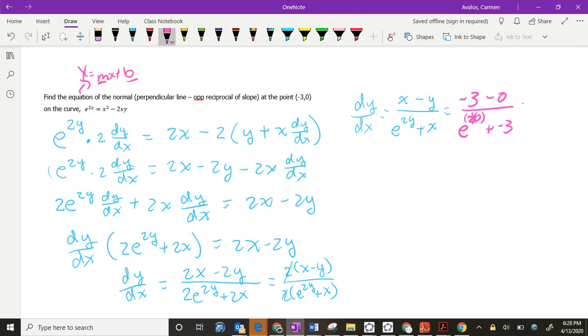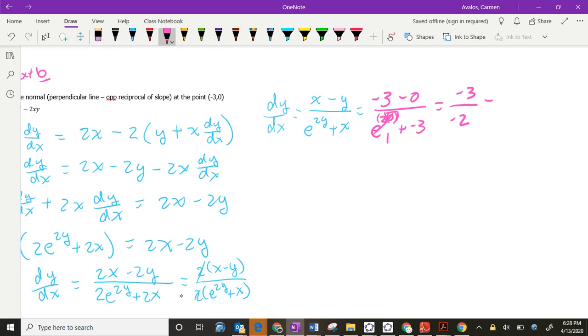So what we end up with here is going to be -3 in the numerator. e to the 0 is going to be 1. So this one here is just going to be 1 plus a -3, which is going to give you a -2. And so a negative and a negative is going to be a positive. And so we end up with the slope being 2. So that's what your m is. We found that your m is going to be 2.